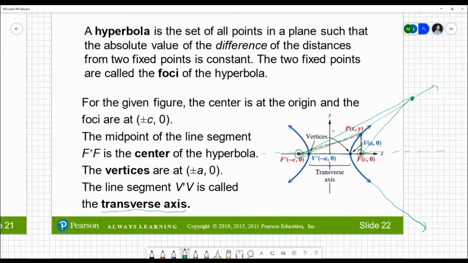So this line right here is not the directrix of this hyperbola. You can use the latus rectum, but I don't think it's called that for this shape. This one here is a rectangle, and 99% of the time, it's always going to be a rectangle.